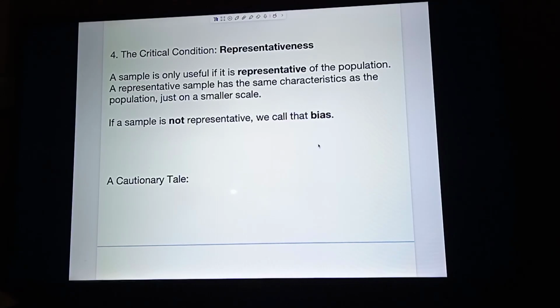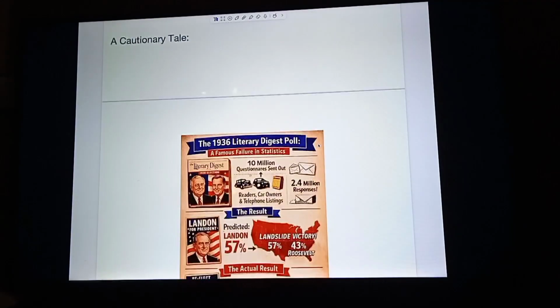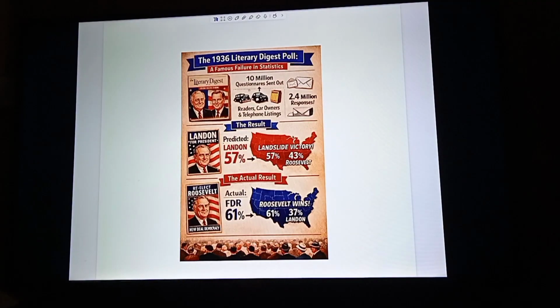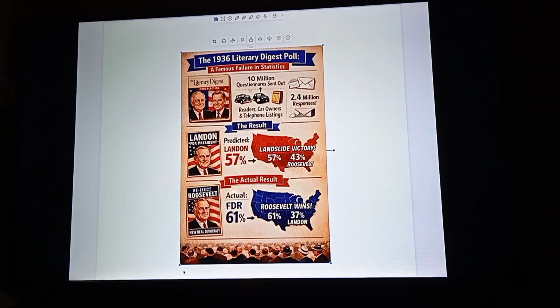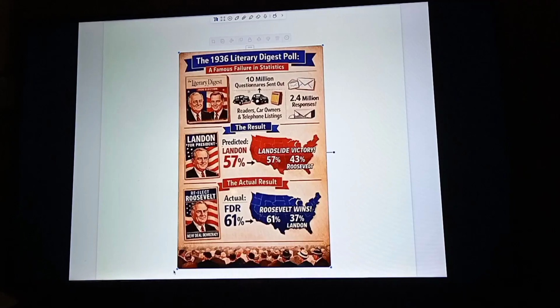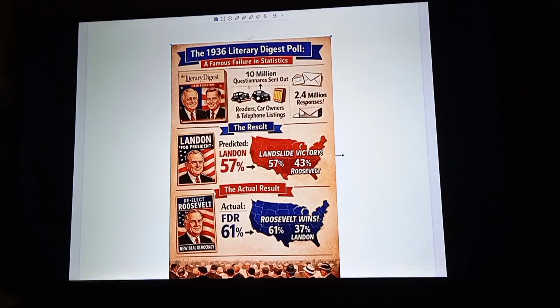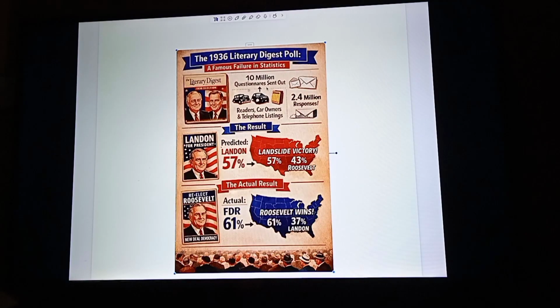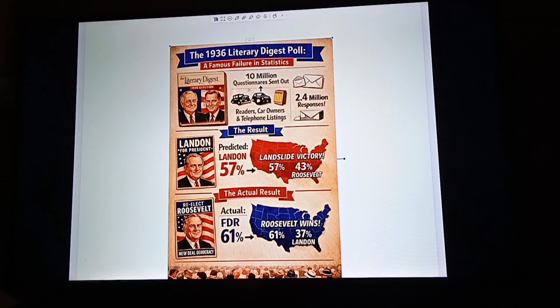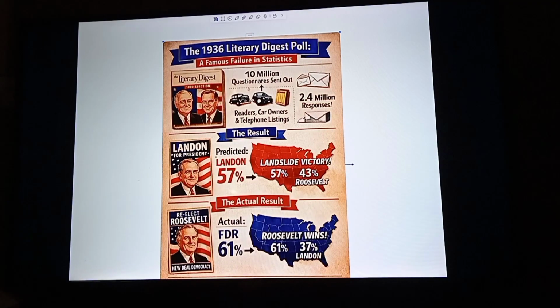So let's consider a tale. Here is a story, and in this case, the sample was not representative, so the result was quite embarrassing for this journal. This is a story of a journal, Literary Digest, which sent a questionnaire to 10 million people within the USA.